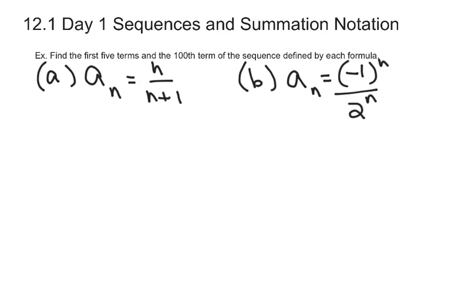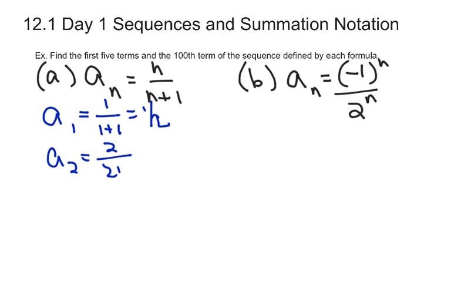To find each successive term in the sequence is very simple. For example, in example A here, to find the first term of the sequence, you plug in 1 for n. So 1 over 1 plus 1 is 1/2. To find the second term, you do 2 over 2 plus 1, which is 2/3.